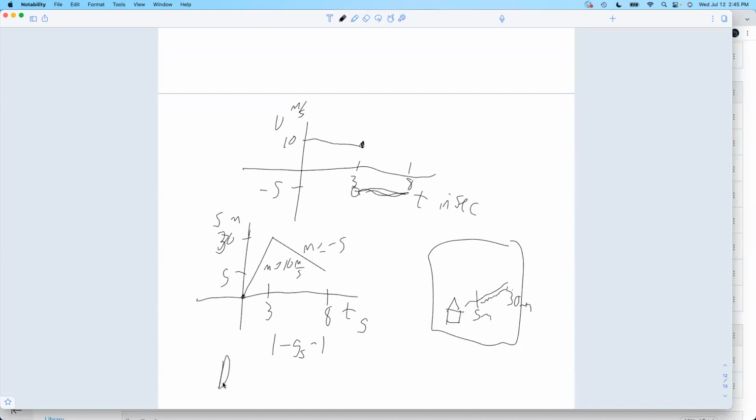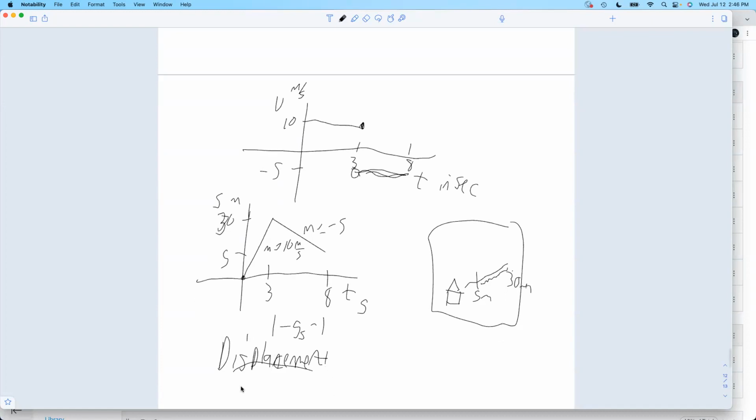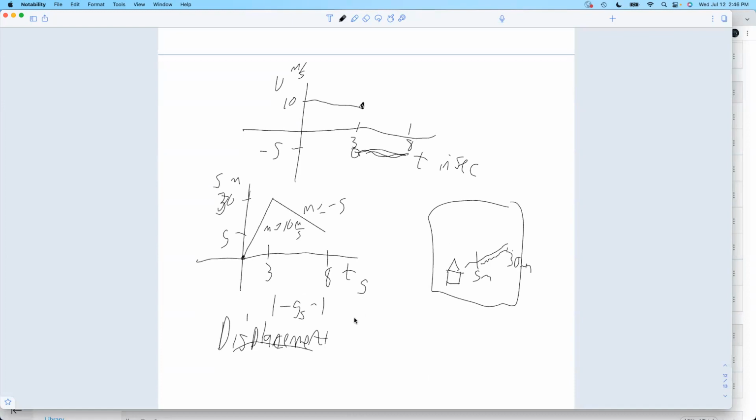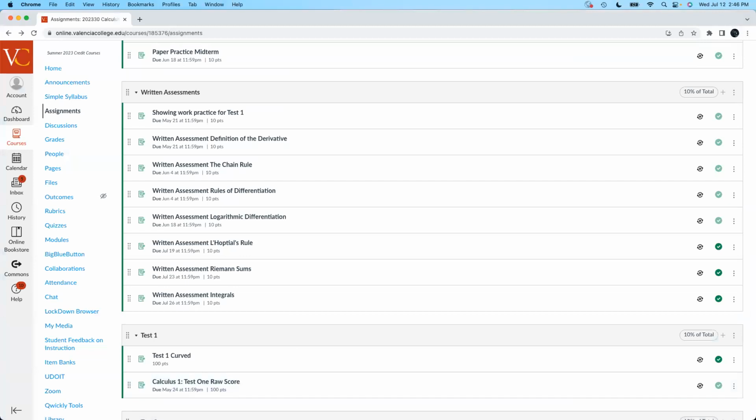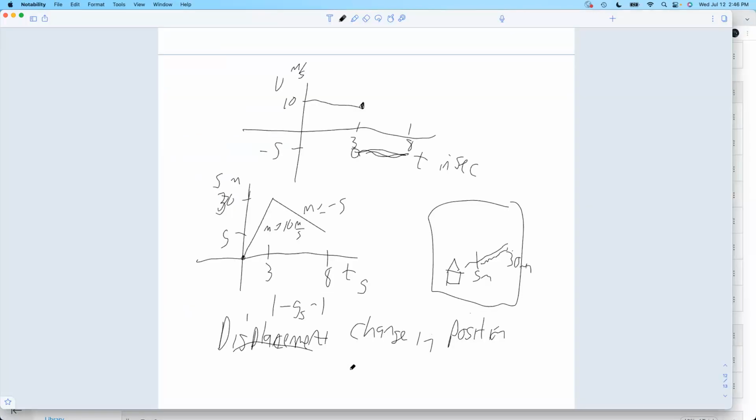So my displacement is change in position. It's final position minus initial position. So S final minus S initial.